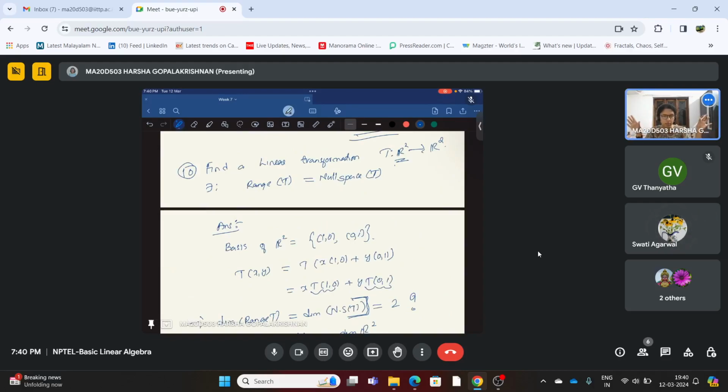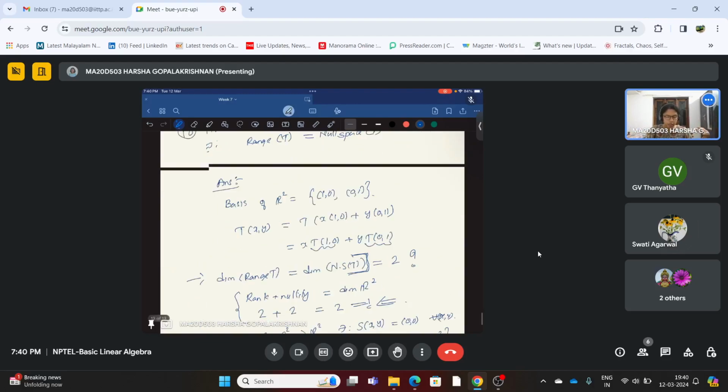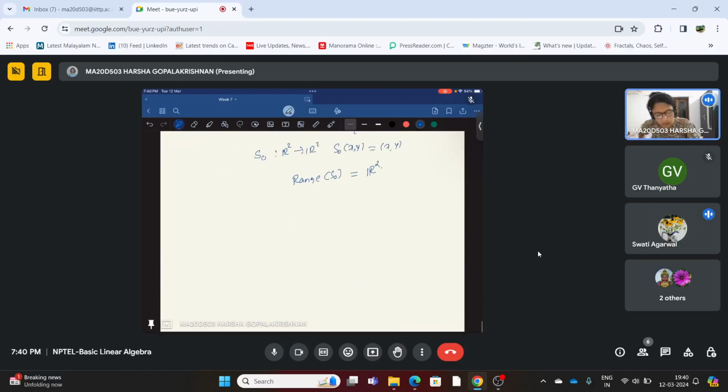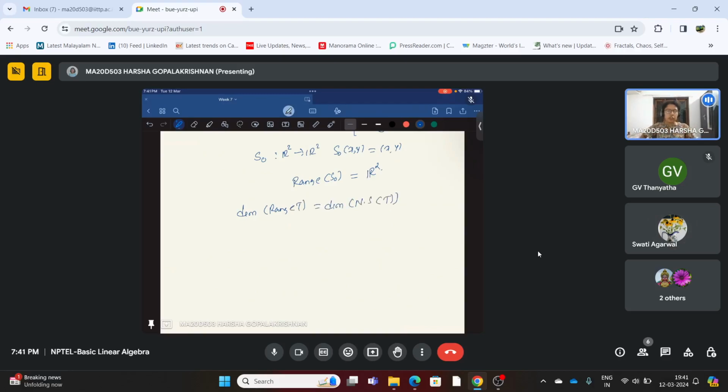This is a given condition: the range of T and the null space of T are the same space, so the dimensions should be the same. That is why I am writing the dimension of the range of T equals the dimension of the null space of T. Let me write again. The dimension of the range of T is the rank of T, and the dimension of the null space of T is the nullity of T. This we know.